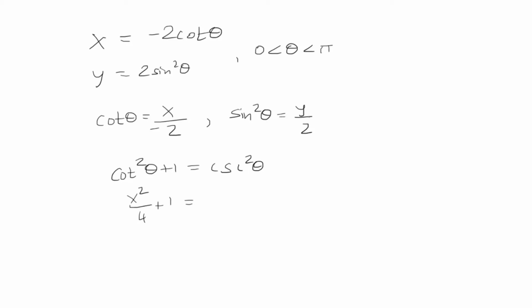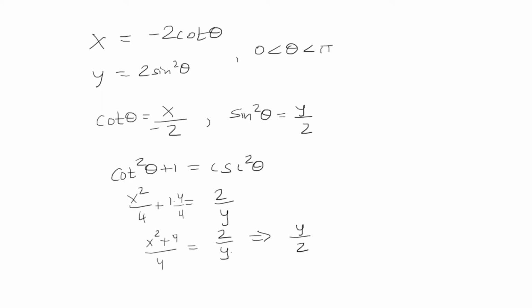Now sine squared is y over 2. Cosecant squared is 1 over sine squared. So that's just going to be 2 over y. Now I can get a common denominator with x squared over 4 and 1. So that will just be 4 over 4, which will be x squared plus 4 over 4 is equal to 2 over y, which means flipping both sides.